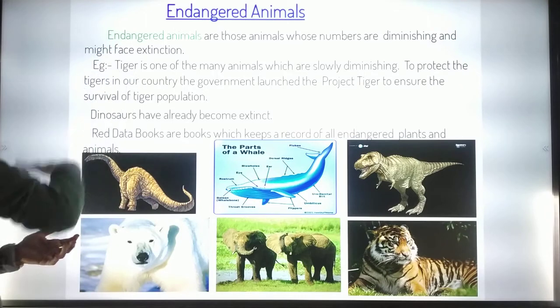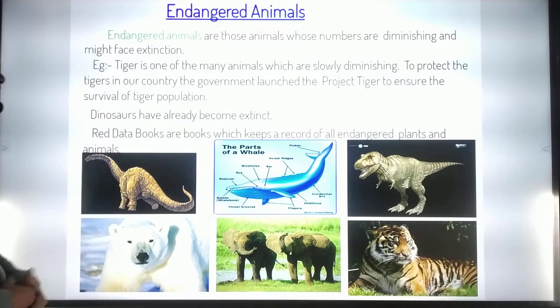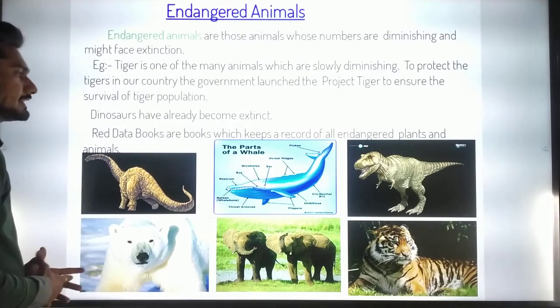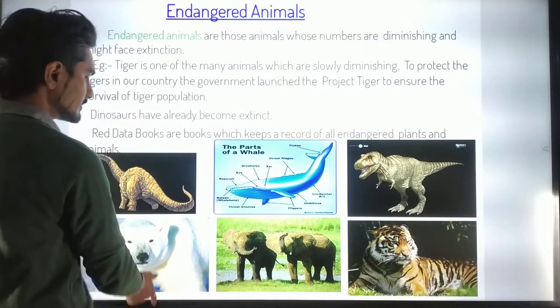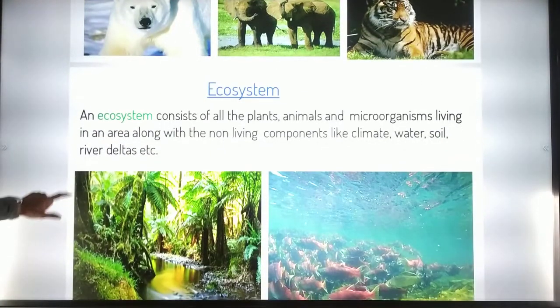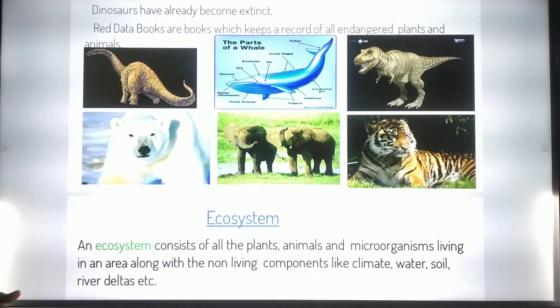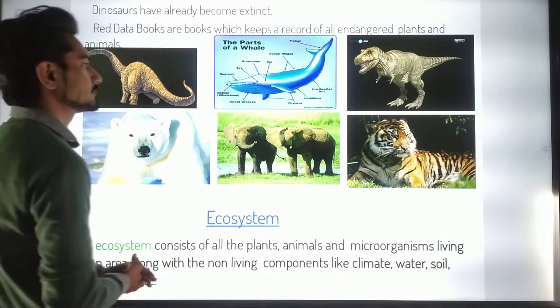We have already seen that topic in the previous slide. Dinosaurs have already become extinct. The red data book consists of the records of all these endangered species. These are the animals that are on the verge of extinction. Okay, we have to see them.